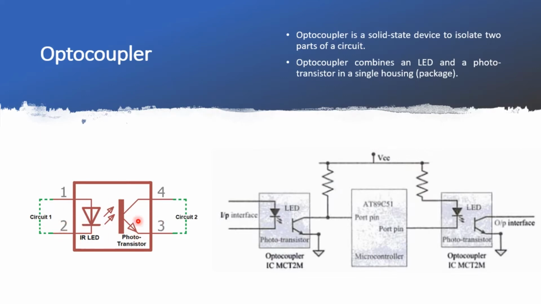The base of the transistor is a light sensing device. So it will be sensing the intensity of the light produced by this IR, and an equivalent amount of current will be given to pin number 4. So that is how it basically works. The intensity of this IR LED will decide the amount of current or voltage, that is the amount of power, which I can deliver on the secondary side.